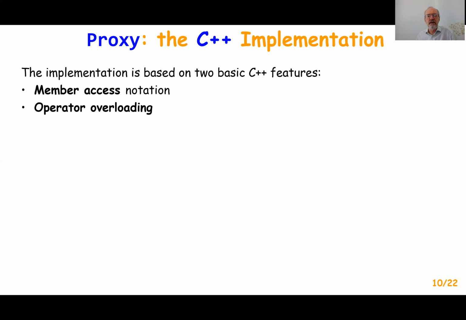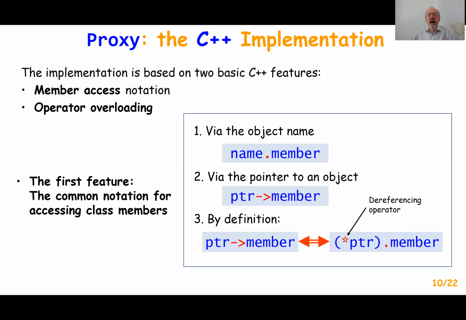It should be quite clear to you. Look, how do we access members of classes? We have basically two ways: using the name of the object or class instance, and using a pointer to an object, to a class instance.